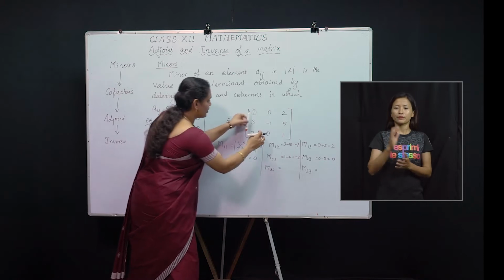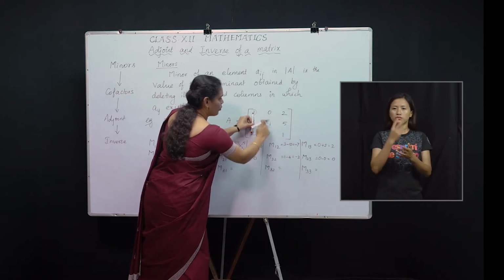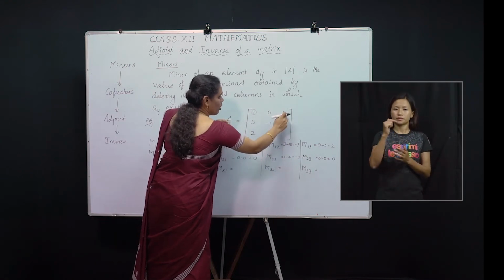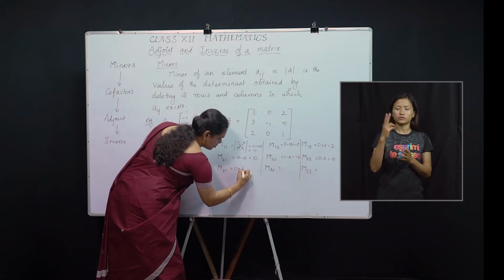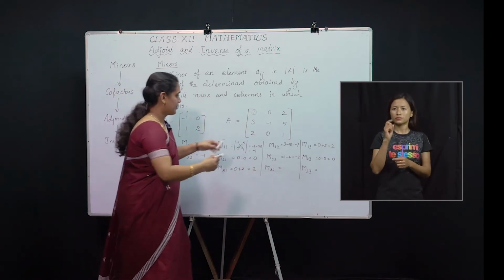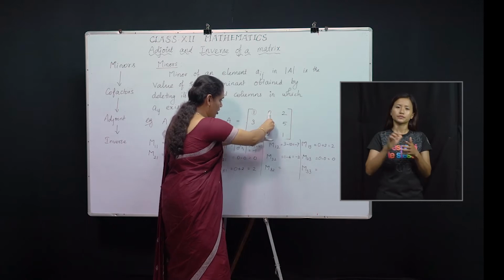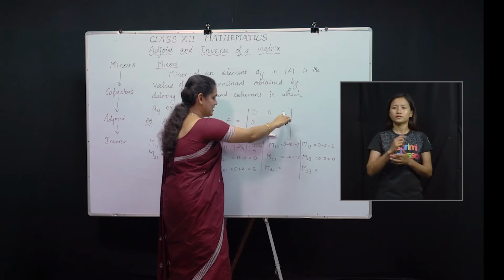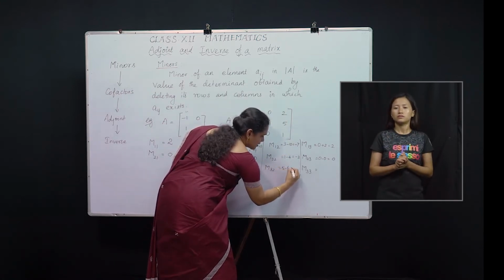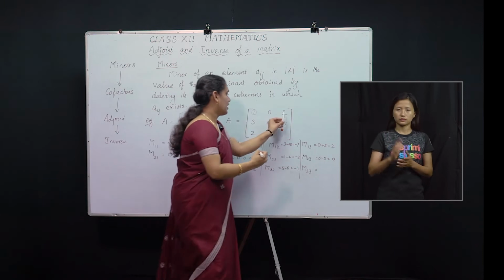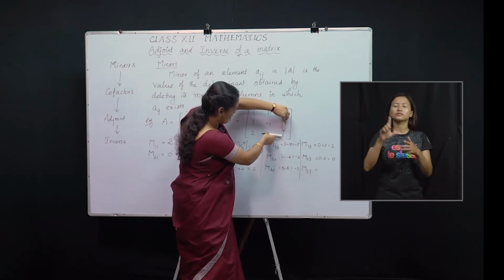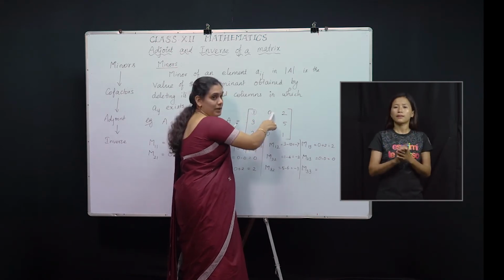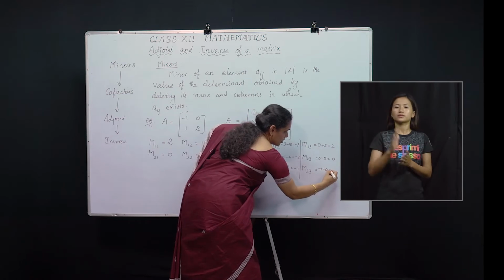Now for this element we delete this column and row, we get these 4 elements, then multiply, 0 minus of minus 2, so that is 0 plus 2, that is 2, clear. And here for this element we delete this column and this row, we get these 4 elements, so 5 minus 6, that is minus 1, clear. And for the last element we delete this column and row and we get these 4 elements, cross multiply, -1 minus 0, that is -1.